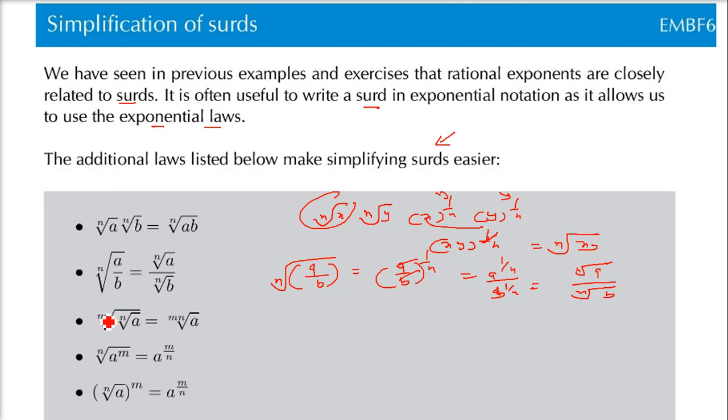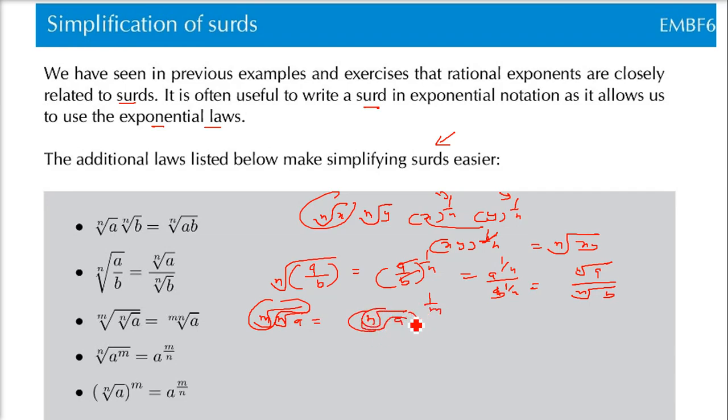When we have the mth root of the nth root of a, this can be written as, let me first write it like this, the nth root of a raised to the power 1 by m.